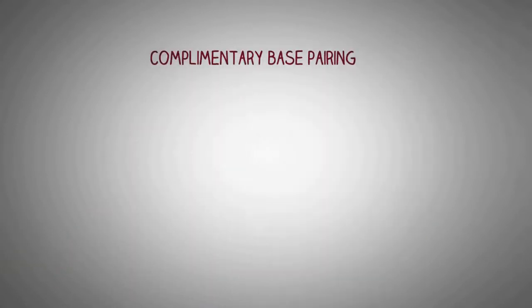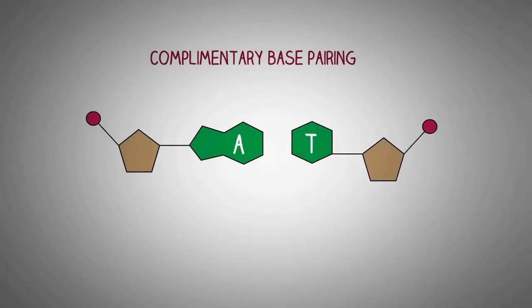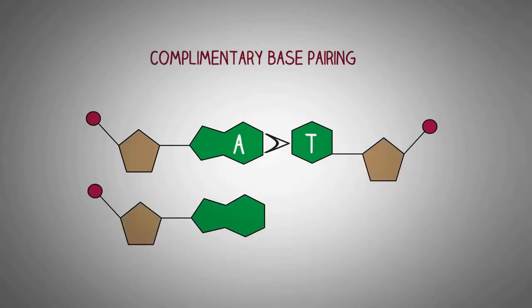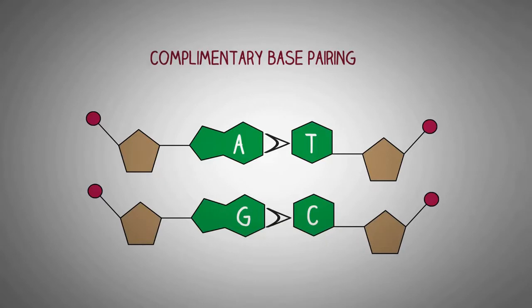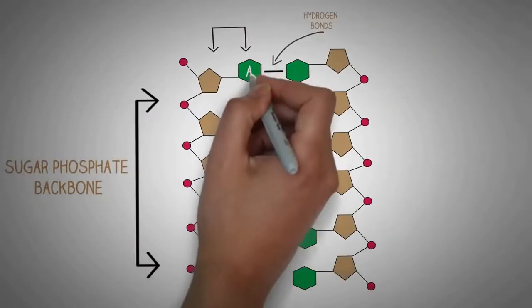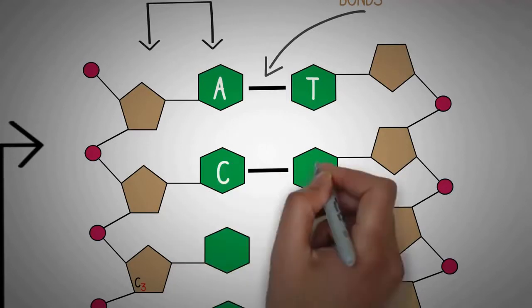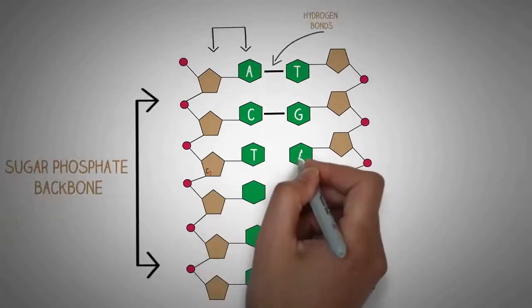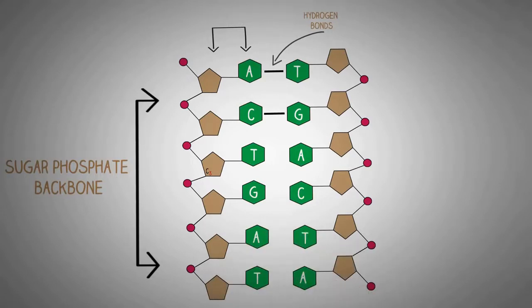What complementary base pairing says is that only adenine forms a hydrogen bond with thymine and only guanine forms a hydrogen bond with cytosine. Now this is a universal rule that is applied in the structure of DNA. So here you can see adenine forms a hydrogen bond with thymine, and similarly thymine forms a hydrogen bond with only adenine. In a similar case, guanine forms a hydrogen bond with cytosine and vice versa.